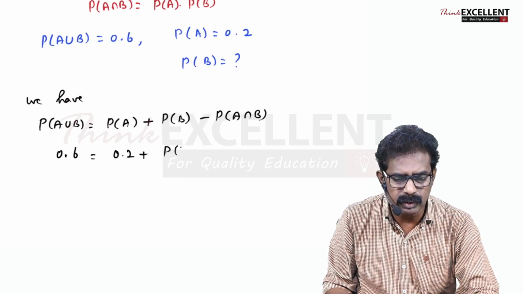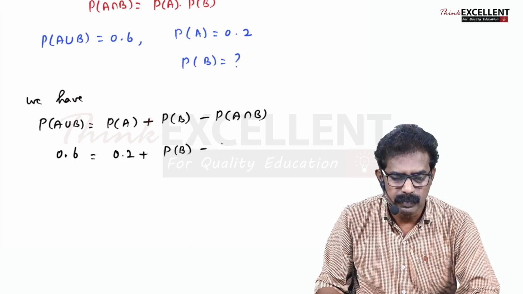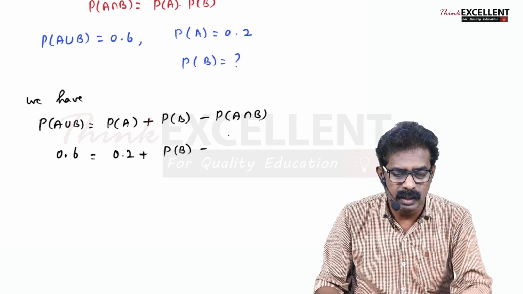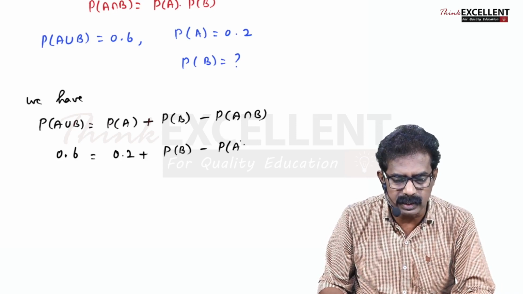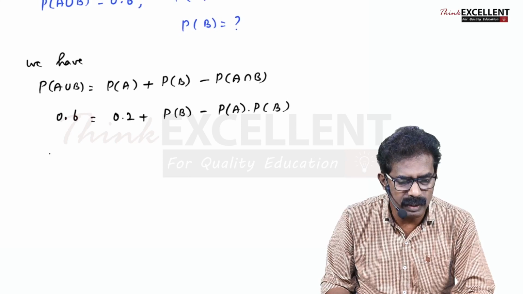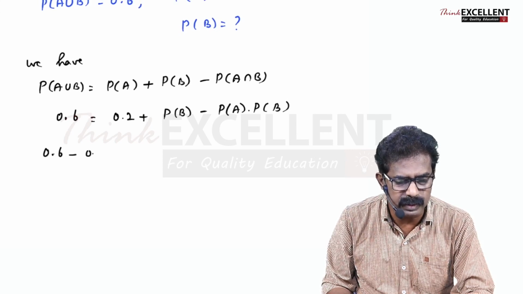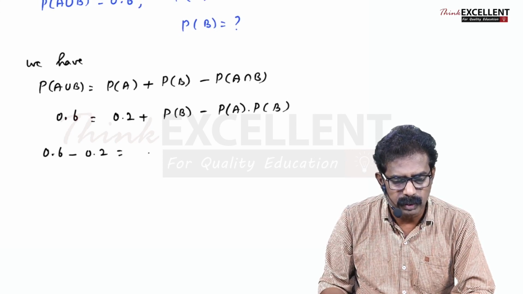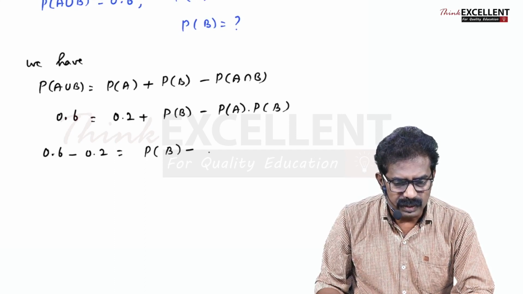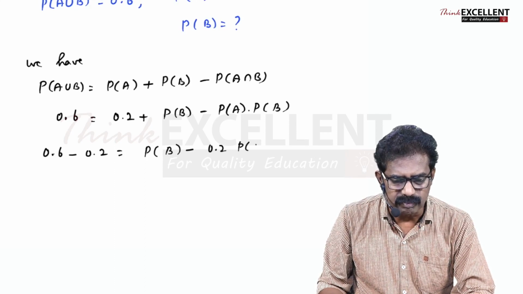P of B we don't know, that's what we want to find. Minus P of A intersection B. Since the events are independent, P of A intersection B can be written as P of A into P of B. Bring this 0.2 to the left side. 0.6 minus 0.2 equal to P of B minus P of A, that is 0.2 into P of B.